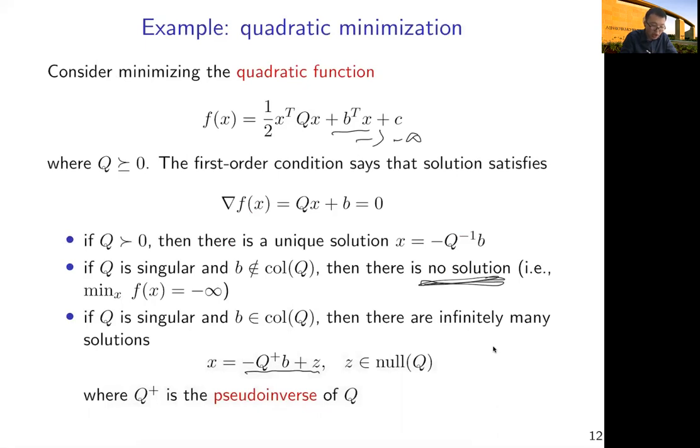And the Q plus is what we call the pseudo inverse of Q, which first projects b to the column space of Q, and now it becomes invertible, and then you invert it in the basis that defines the column space.